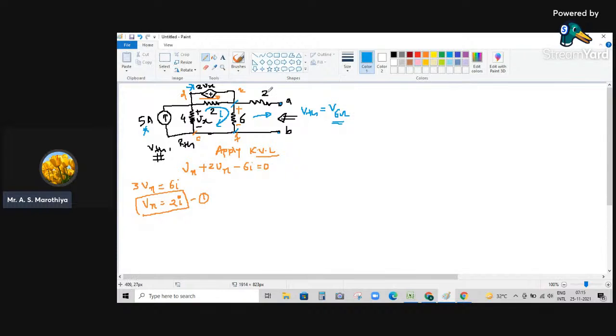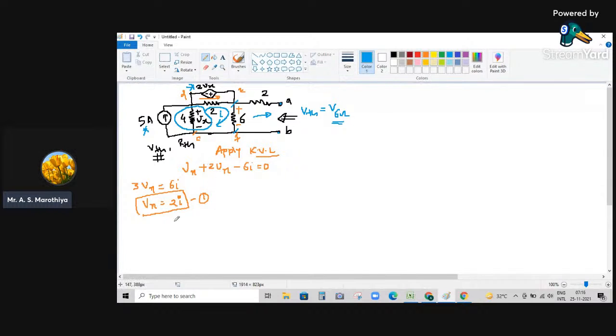Just focus on this element which is nothing but a 4 ohm resistor. Through this 4 ohm resistor we have a combination of two currents flowing simultaneously. The first one is your 5 ampere which is flowing in the downward direction, and the second one is I, which is the loop current available in this particular mesh.